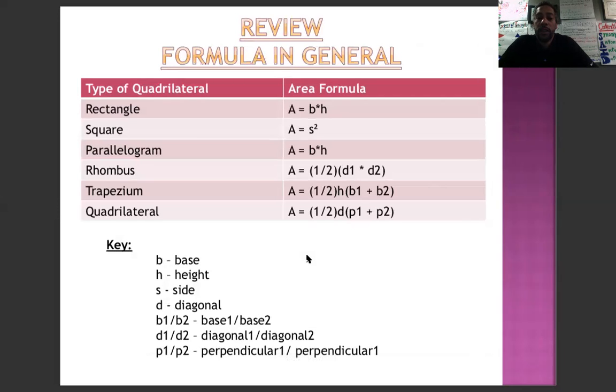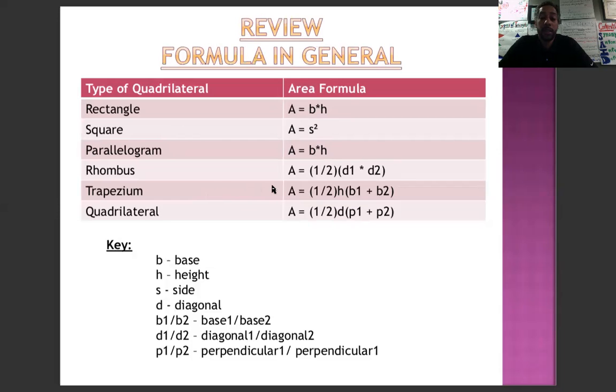So some formulas in general. Our area formula for our rectangle will be the base times the height. Our area for a square will be side squared, or side times side. For a parallelogram, it will be our base times our height. For a rhombus, it'll be 1/2 the product of diagonal 1 and diagonal 2.